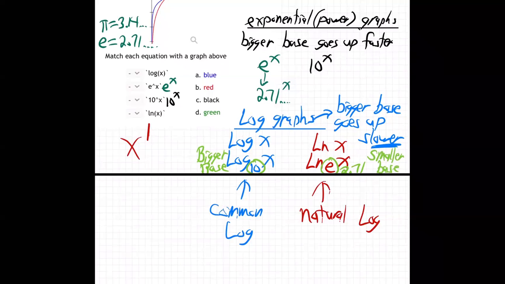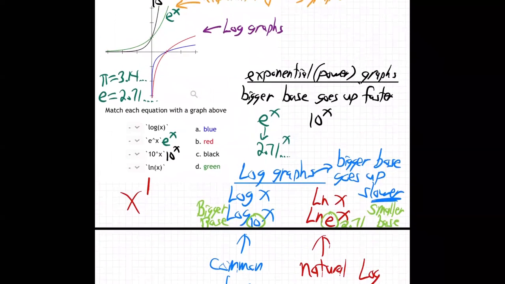So the bigger base goes up slower. So that means the regular log x is going to go up slower than the natural log. So which one's going up slower? The blue one is going up slower, isn't it? So that one has got to be the regular log. And the red one has got to be the ln because it's got the smaller base, so it'll go up faster. It's the reverse. And so there we go.